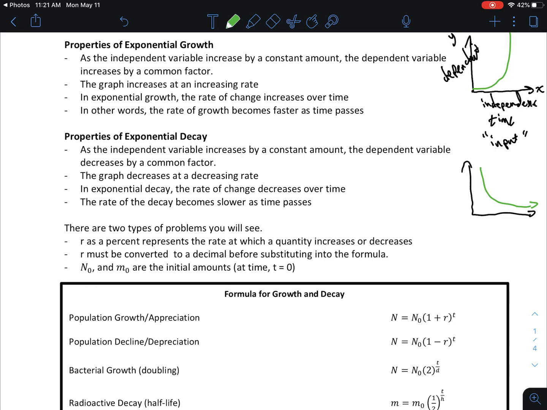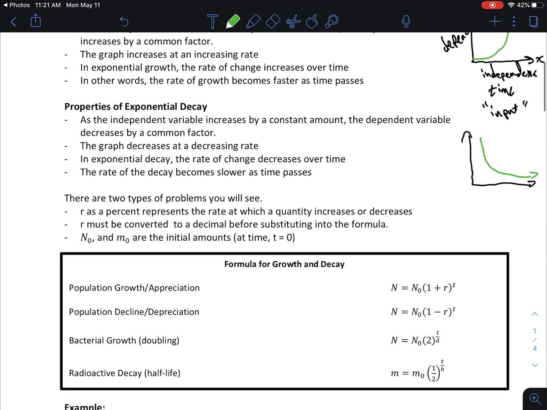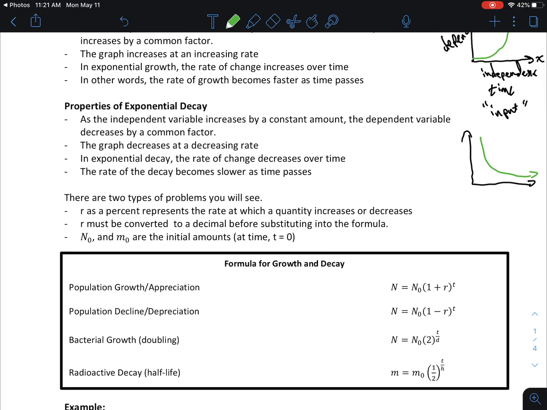It decreases and decreases and decreases. That's what we call exponential decay. Another way to put that would be the rate of decay becomes slower as time passes.